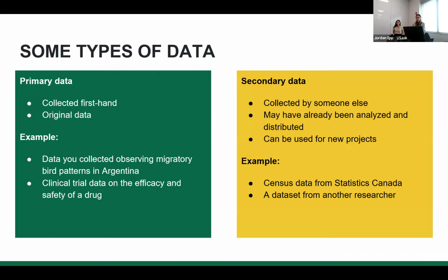Secondary data is data that has been collected by someone else. It might have already been analyzed and distributed, but it can be used and reused for new research projects. Examples could be census data collected by Statistics Canada, or a data set that another researcher has used in a different project.